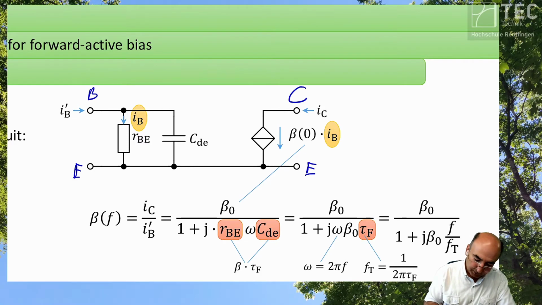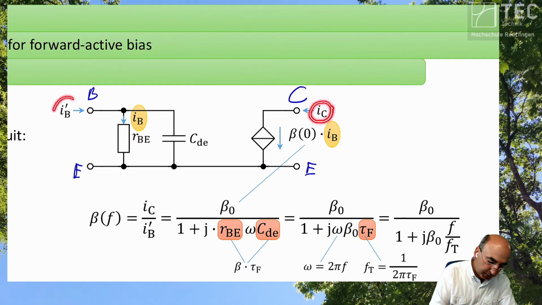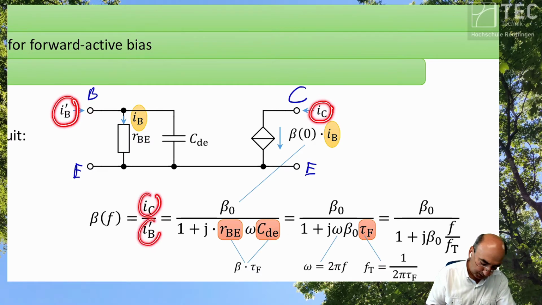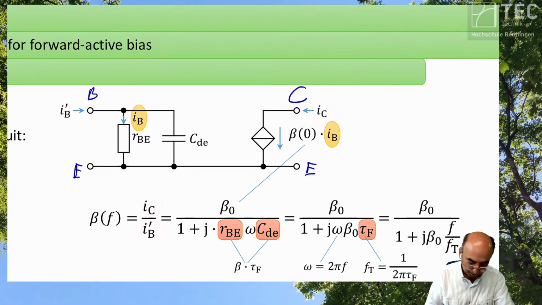Now let's take a look at IC, the output signal current, to the input signal current, IC to IB dash.